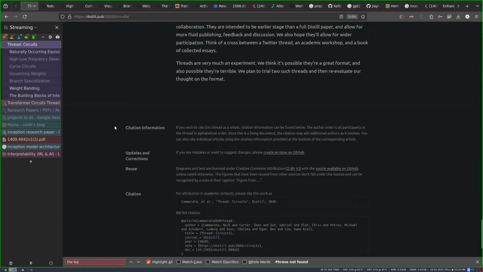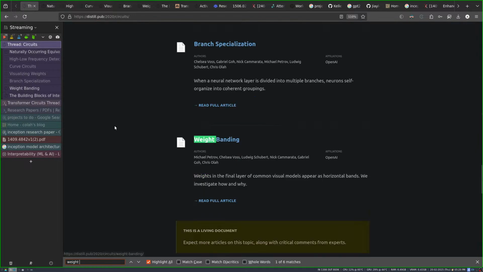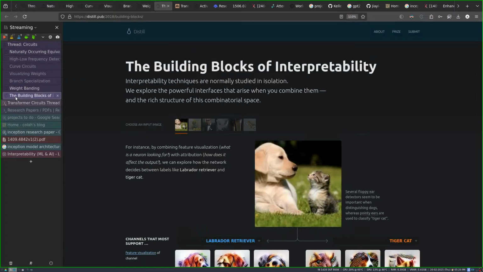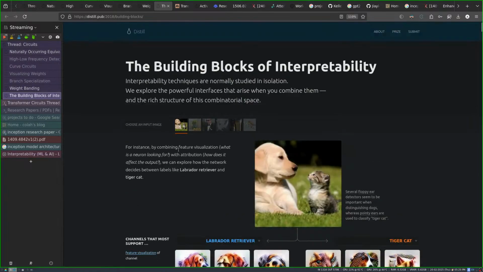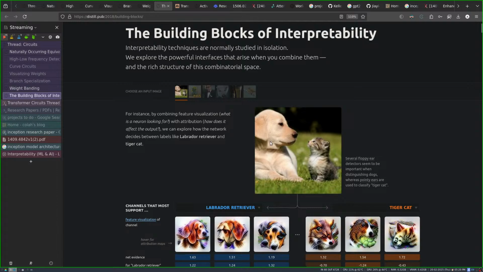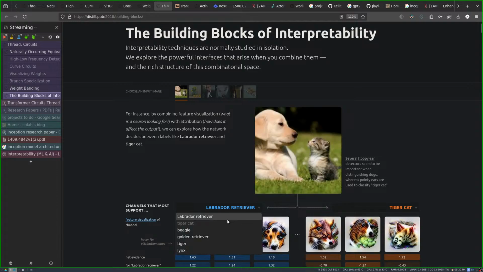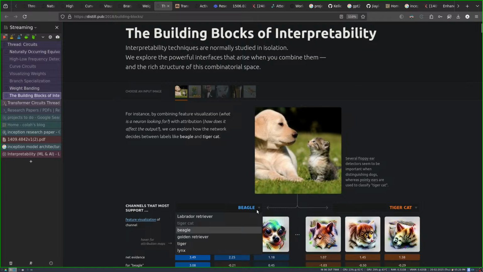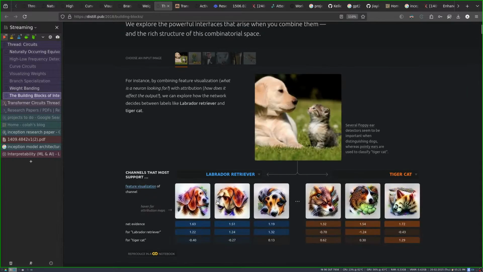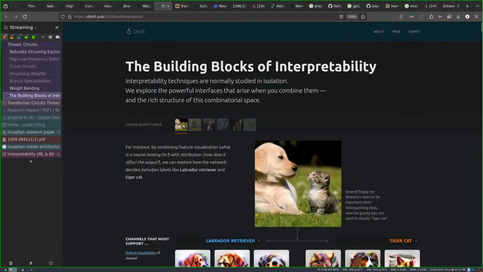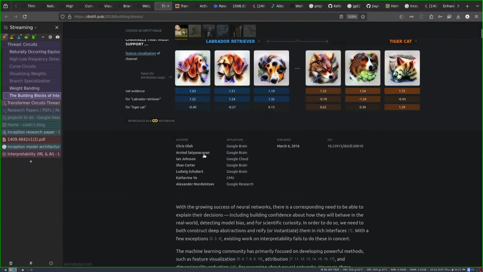It's more of a tool which can be used to visualize weights.